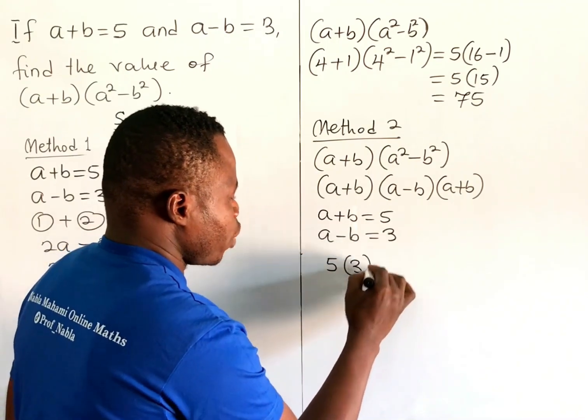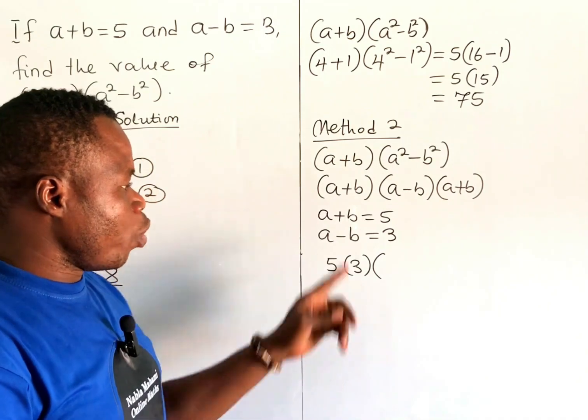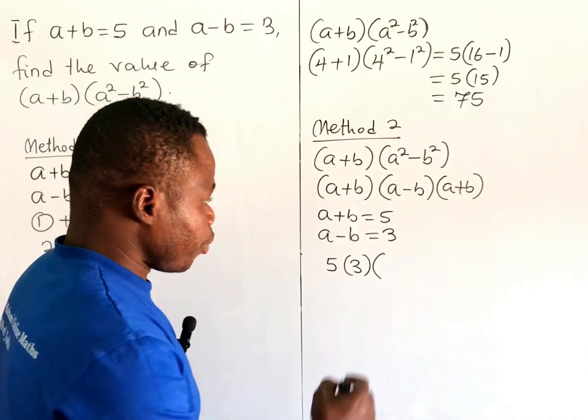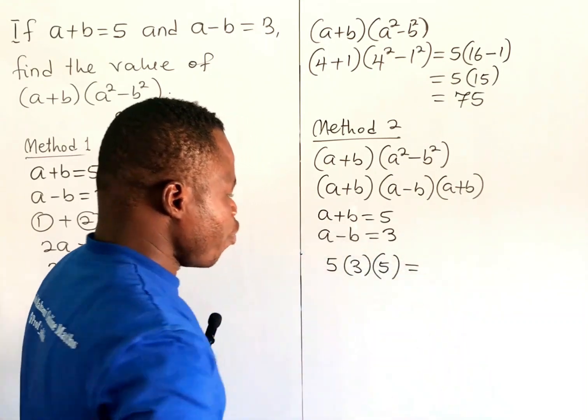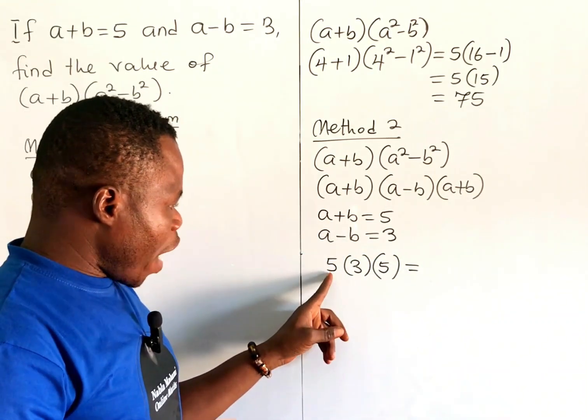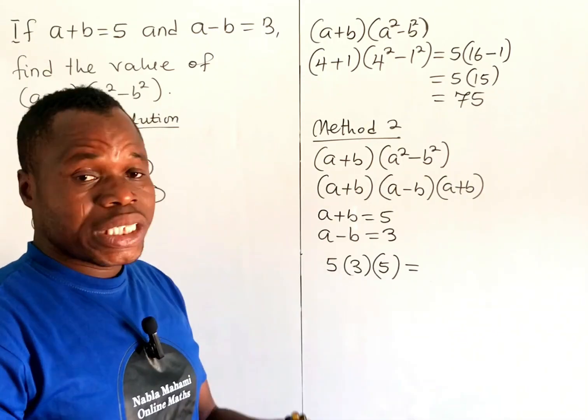Then I have 3 multiplying with this, which is A plus B, and we know that A plus B is 5. So this will now give me 5 times 3 is 15, and 15 times 5 is 75.